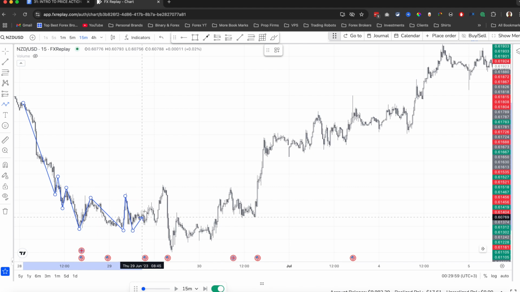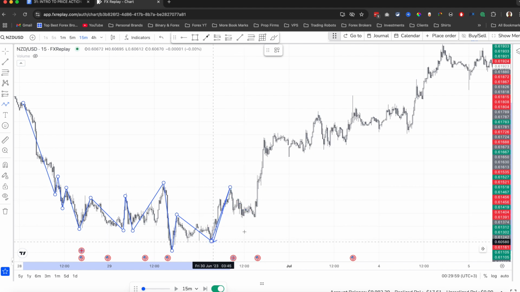Then we failed to break this, and then later on we broke it, right? And then we failed to break this low here. Now this is our strong low. We broke this high, so that becomes our strong high.